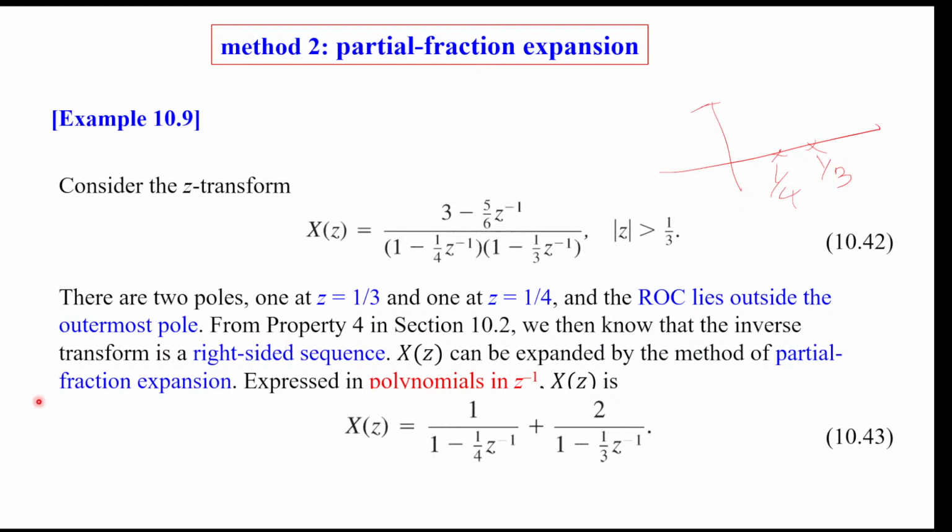And now we want to do partial fraction expansion to do the inverse of the transform. So we actually expand in z minus 1. We want to express it as a polynomial in z minus 1. We see that here we already write this as a rational function of z minus 1, so you can easily expand it to get X of z equal to 1 over 1 minus 1 over 4 z minus 1 plus 2 over 1 minus 1 over 3 z minus 1.